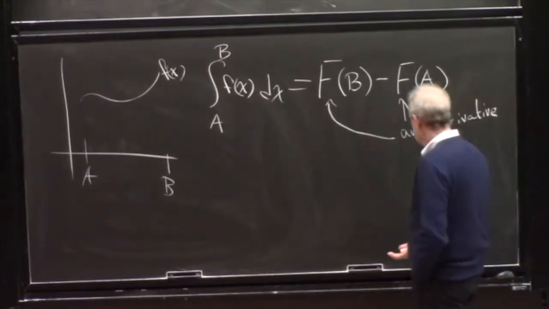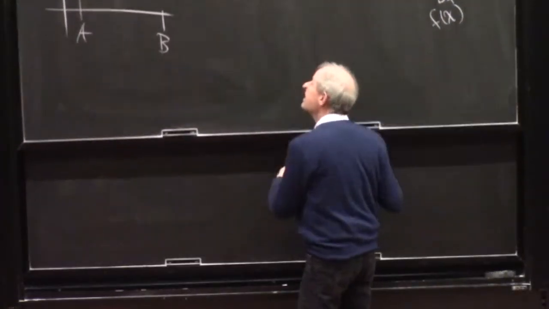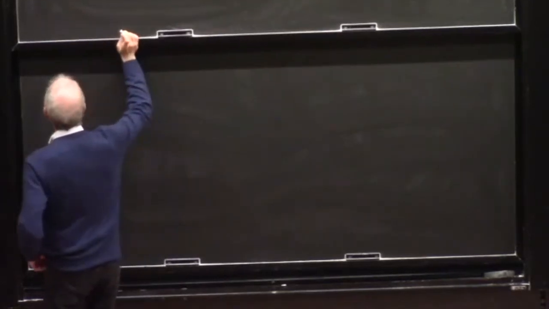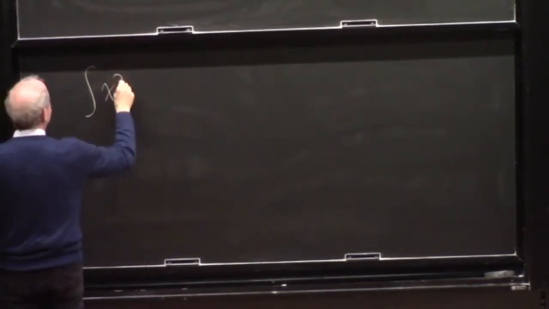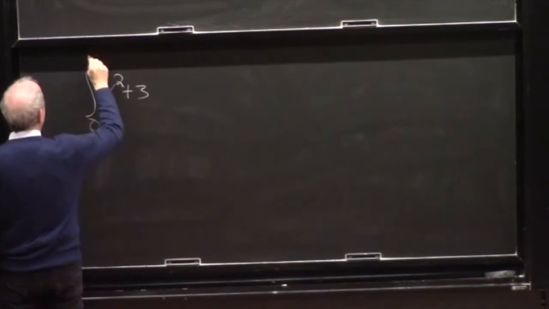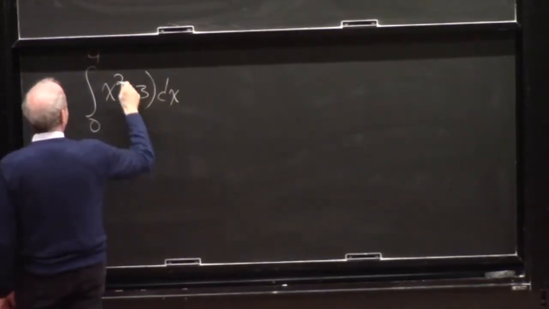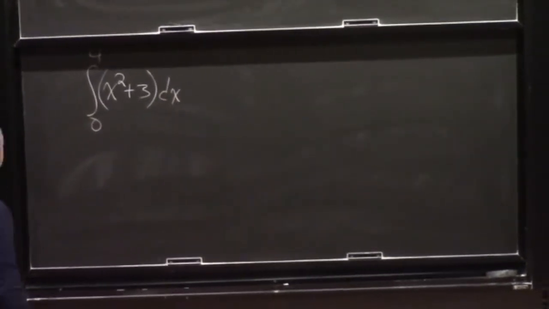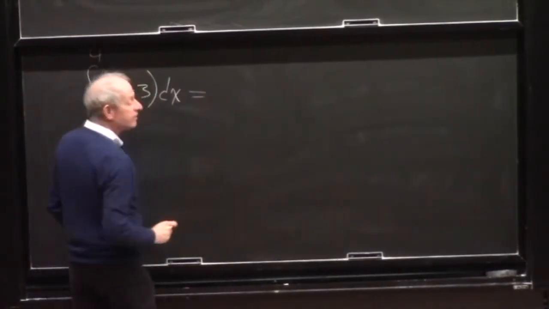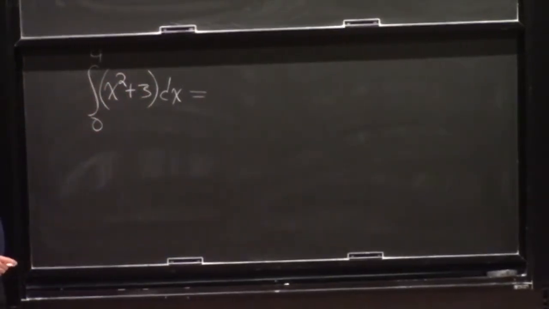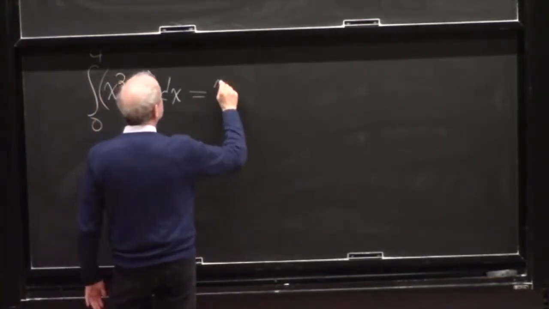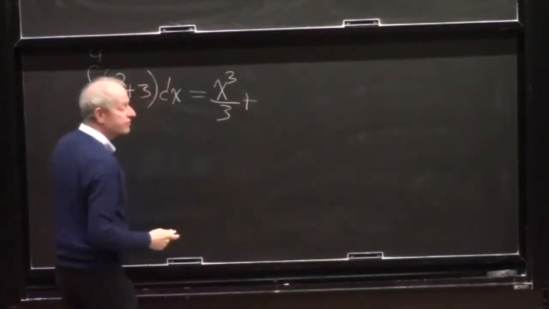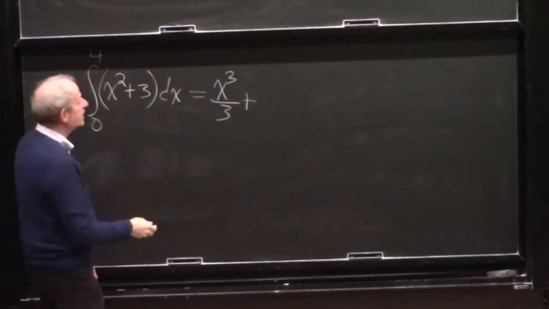So for example, remember we did the approximation of the integral of x squared plus 3 from 0 to 4. Now we can find the actual value from 0 to 4. So what's the antiderivative of x squared? Yep, x to the third over 3. What's the antiderivative of 3? 3x, gotcha, good.